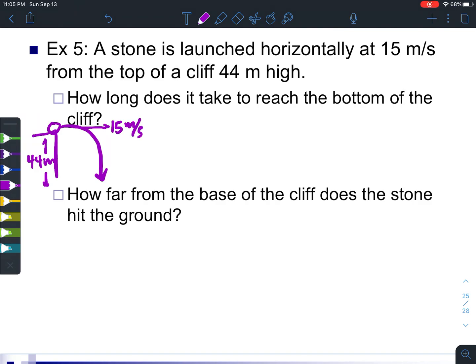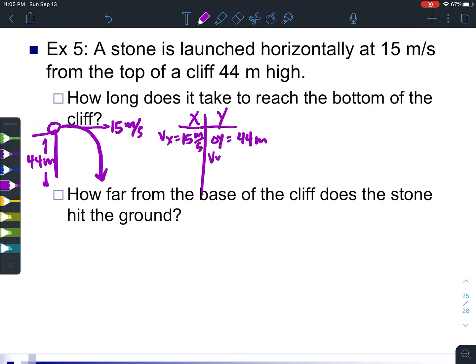Okay, so first thing we want to do, just like with angular projectiles, is to set ourselves up with an XYT chart so we can break down our variables and figure out what we have and what we need. The 15 meters per second is a Vx because this was launched horizontally. The 44 meters is a delta y because it's the height.